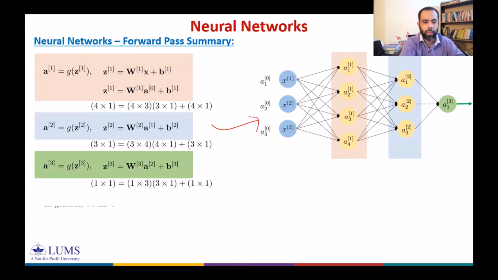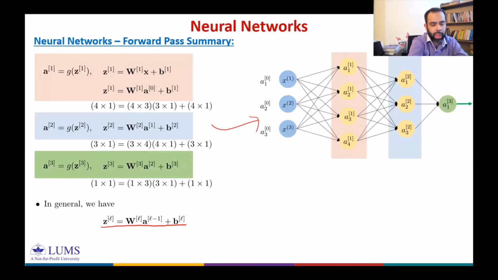So we have ZL is WL AL minus 1 plus BL, because AL minus 1 is the output of the L minus 1th layer, and that is acting as an input to the Lth layer. And once we have the pre-activation output, we can pass it through the activation function to obtain the final output of the layer.